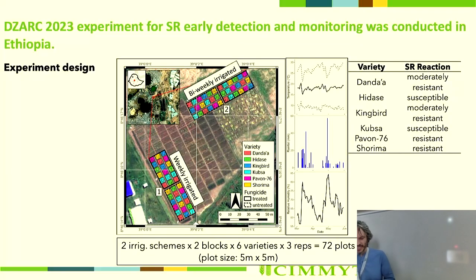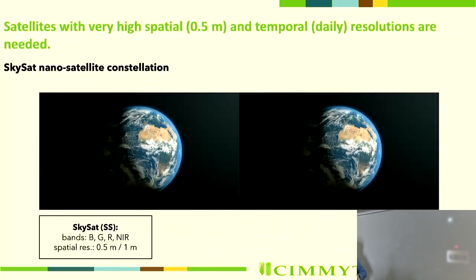We have only this time window where we had less rainfall. This is a time window of 18 days where the different irrigation scheme came into play. Okay, and important, we have 5 by 5 meter plots. It's not like a standard breeding plot size, so we had to scale it a little bit.